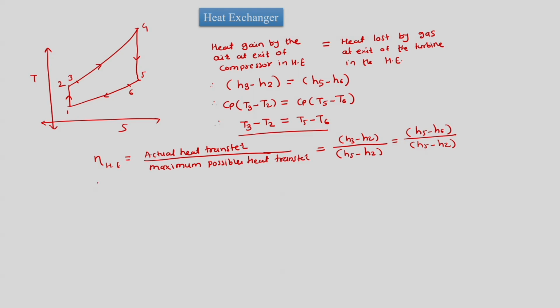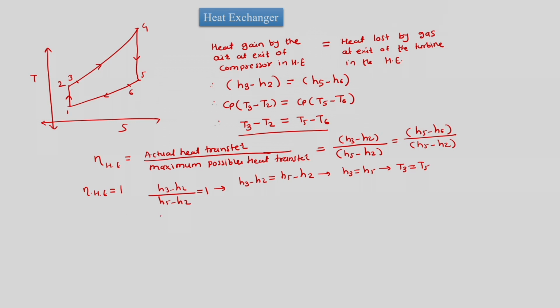Now let us consider the fact that we have an ideal heat exchanger having effectiveness 1. So we can mention H3 minus H2 divided by H5 minus H2 is equal to 1, and this leads to H3 minus H2 is equal to H5 minus H2. So this leads to H3 is equal to H5, or practically T3 is equal to T5.